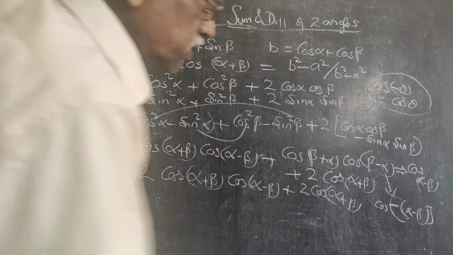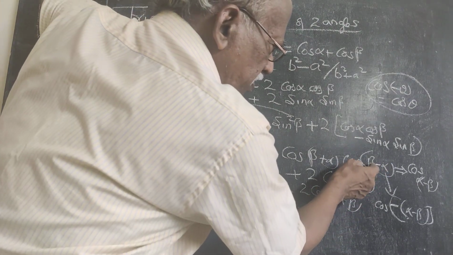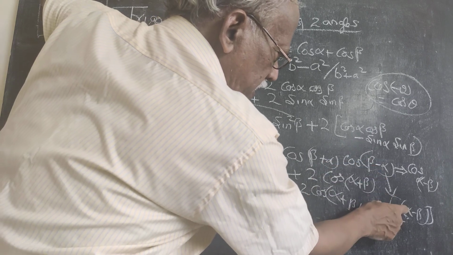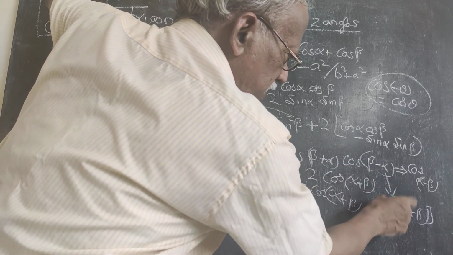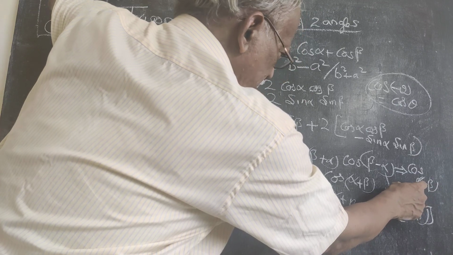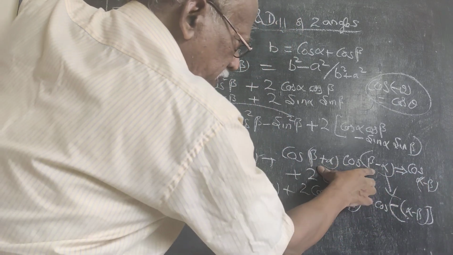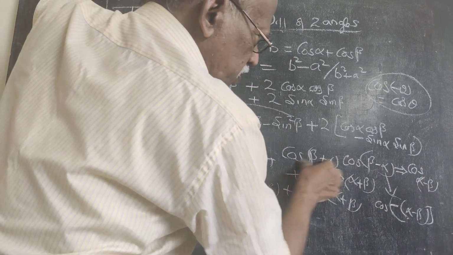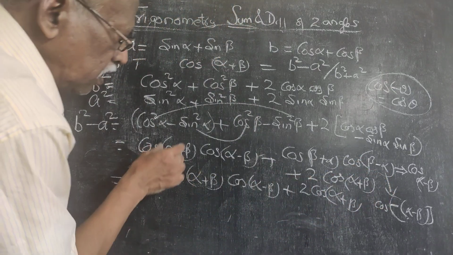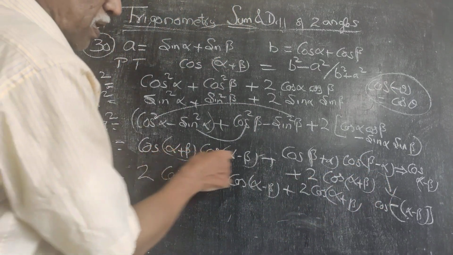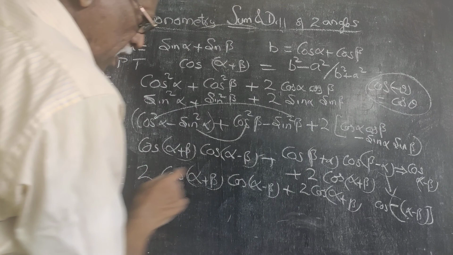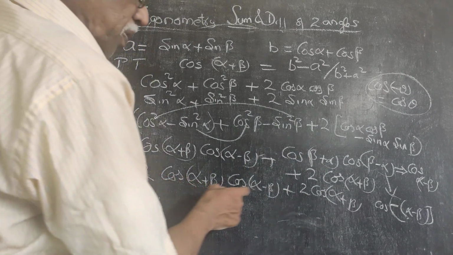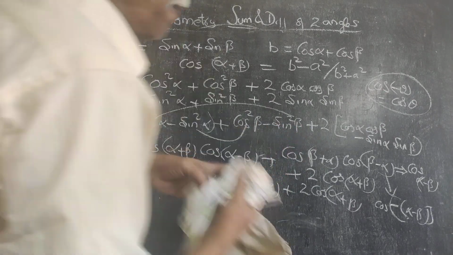Please see that beta minus alpha, I am taking minus, as a result alpha minus beta. Cos(-theta) is cos theta, therefore I am writing cos(alpha-beta). So this portion becomes cos(alpha+beta) into cos(alpha-beta). Here is also cos(alpha+beta) and cos(alpha-beta). That's why I am writing 2 times cos(alpha+beta) into cos(alpha-beta).